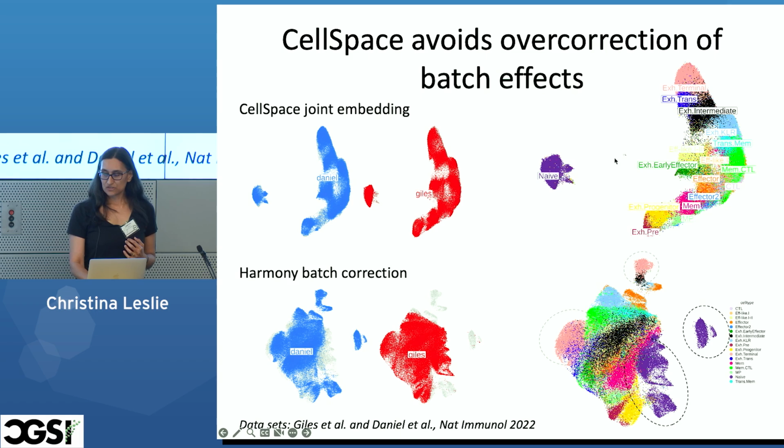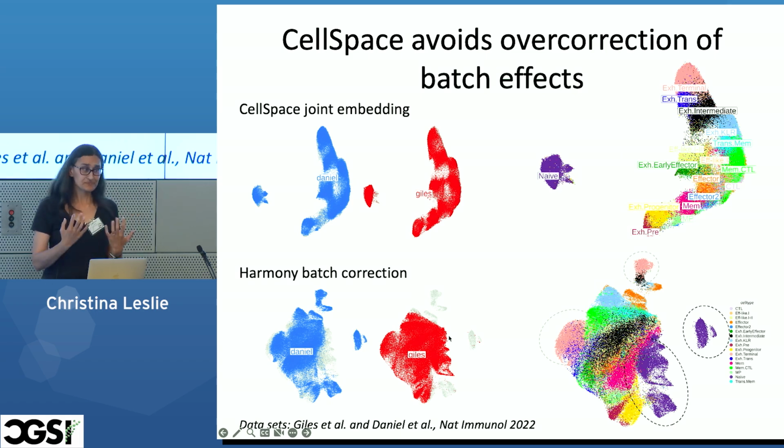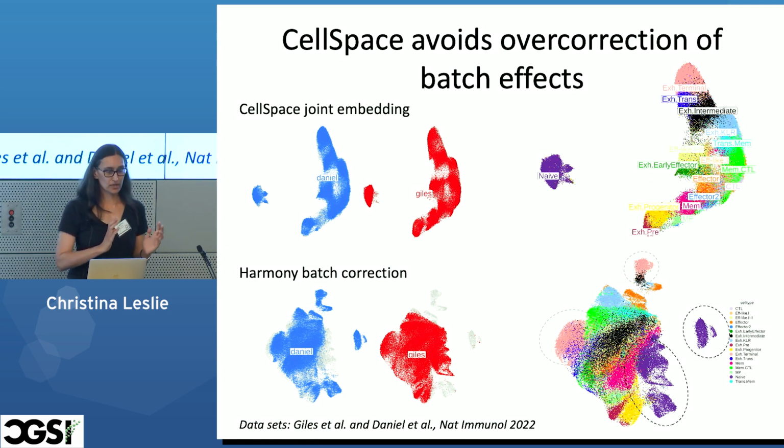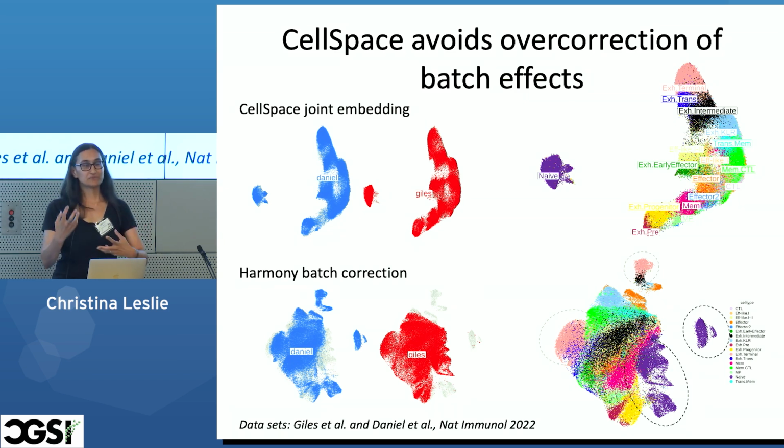Okay, so at the bottom is a very widely used and good batch correction method called Harmony. We've used it too. It can work, right? But this is an example where it's failed. All right, so you apply Harmony to two data sets, very similar cell types and experimental design, and it's just turning all the data into a blob.